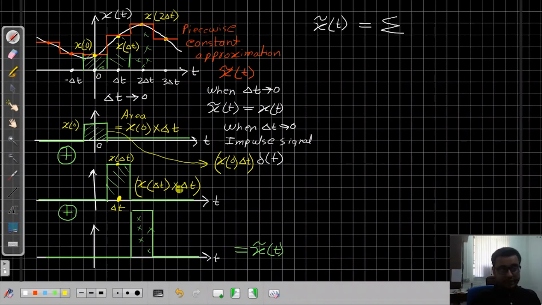And once again, when you consider delta t to be very small, so you chop or slice this signal into small slices, then this will be a very narrow spike like a delta function with this much area.